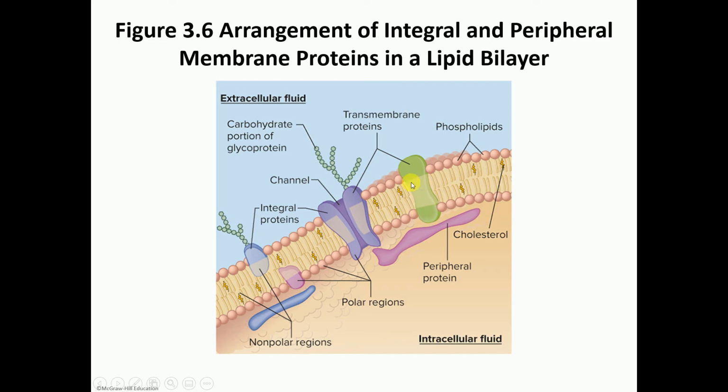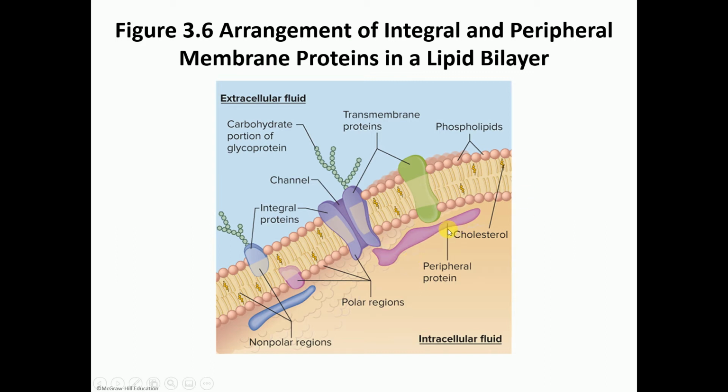If they span through the whole width of the cell membrane, we call them transmembranous proteins. Okay, so they go through the whole length of the cell membrane, kind of protruding on the inside and a little bit on the outside. If you compare that to a peripheral protein, so peripheral means kind of like on the sidelines, and that's what these peripheral proteins do.